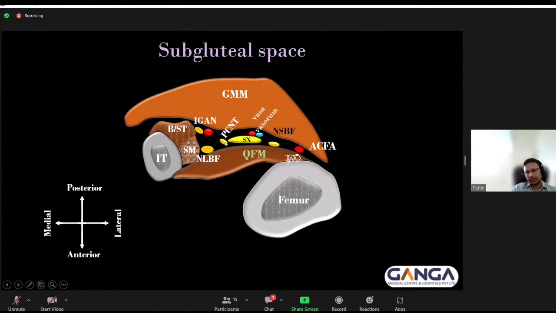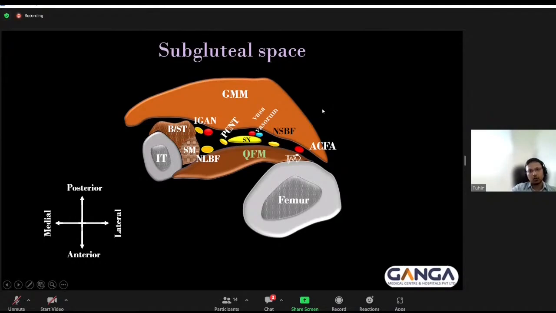The other structures in this space are the posterior cutaneous nerve of the thigh, inferior gluteal artery and nerve, the nerve to the long head of biceps femoris, vasa vasorum of the sciatic nerve, and the anterior branch of the circumflex femoral artery. On the medial side, there is the ischial tuberosity and the origin of the biceps, semimembranosus and semitendinosus. And on the lateral side, there is the greater trochanter of the femur.